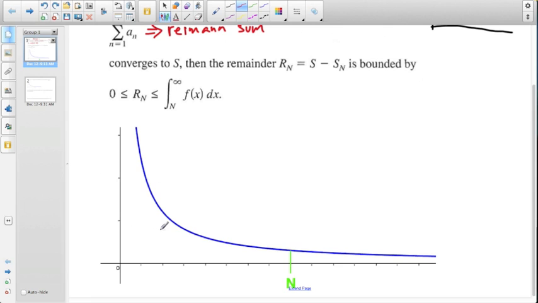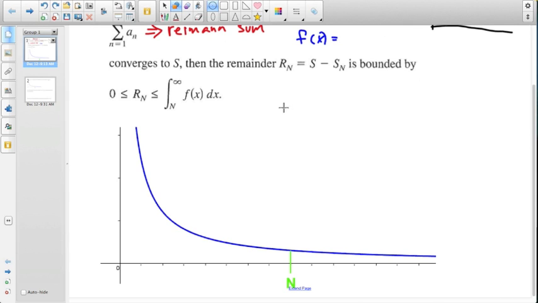So if we look at this series, and we model this series as a function, then we can take a look at that integral test. Performing the integral test is literally finding the area under this curve.